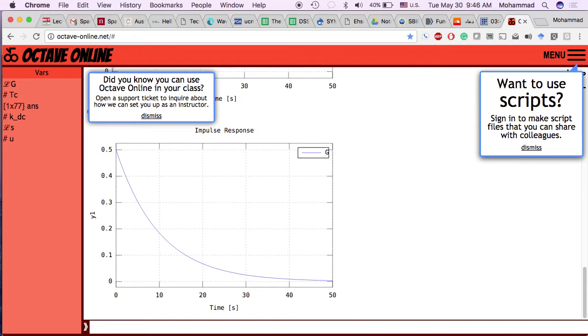So when the response gets to 37% of its initial value, it means 63% of the change has already been done, and that's what you call your time constant. Now, what is 37% of 5? If you call it 40%, it is roughly 0.2. So at 0.2, which is roughly here, you have your time constant. And the time constant is 10 seconds. Can you see that? Of course, it's not 0.4, it's 37%, so your time constant is there.